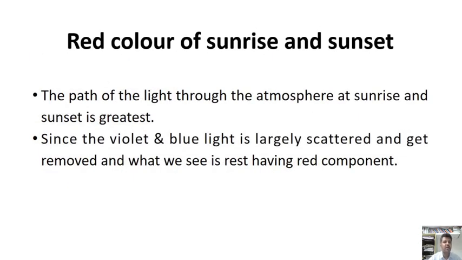So if you observe the sky, it looks blue. The sky is red at sunrise and sunset because the path of light through the atmosphere is greatest then. Violet and blue light are largely scattered and removed, and what remains has a red component.